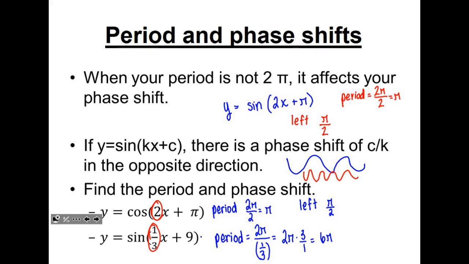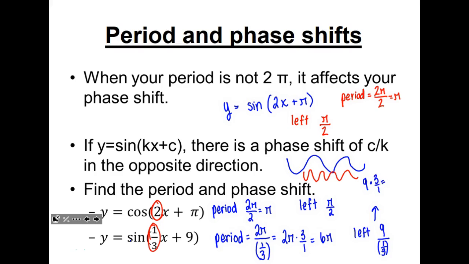Now we need to look at our phase shift. So the phase shift looks like it should be to the left 9 units, right? That's what it looks like it should be. But we've multiplied by a number here, so we have to divide by 1/3. And once again, we can't leave it as 9 divided by 1/3. So we're going to change that to 9 times 3 over 1.